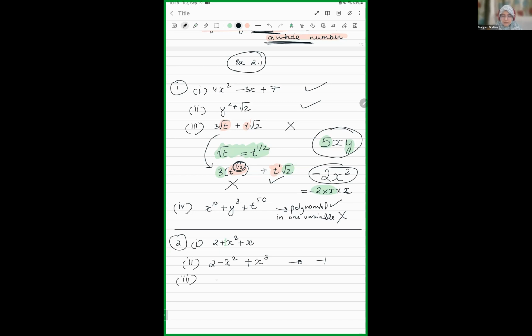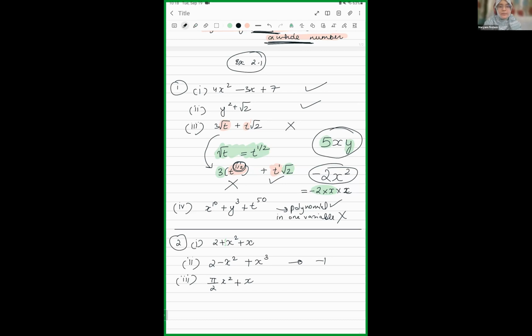Then pi by 2 x squared plus x. What is the coefficient of x squared? Munir, what is the coefficient of x squared in this polynomial?